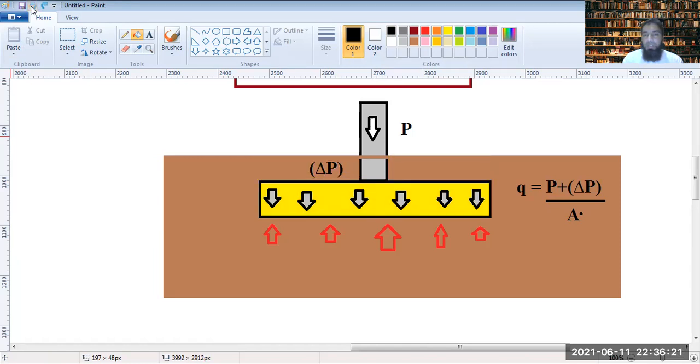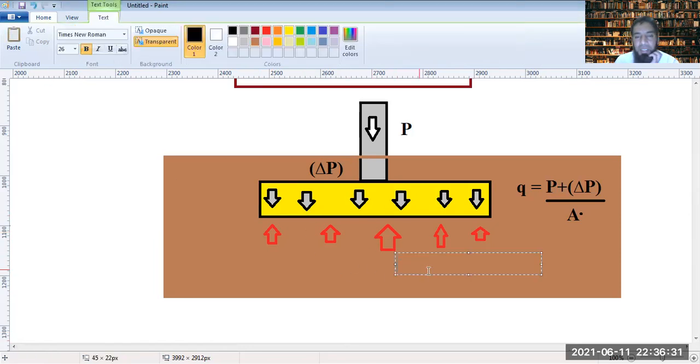So now, having known the Q value and that being distributed evenly, you would say that Q is this. If it's a total reaction offered by the soil and the soil is not yielding, not failing, then Q is the reaction.